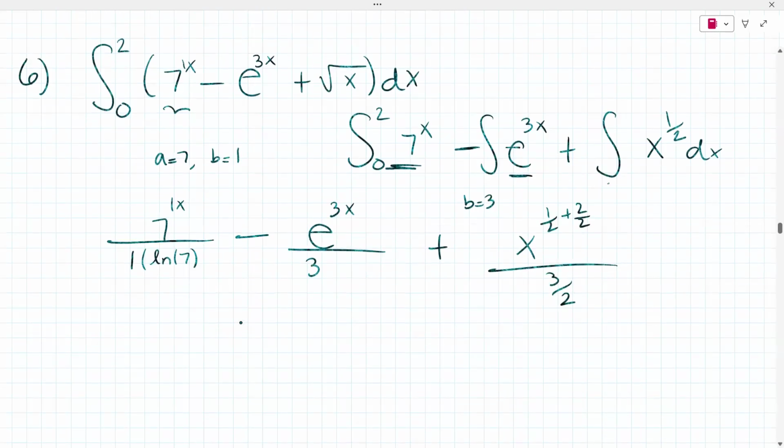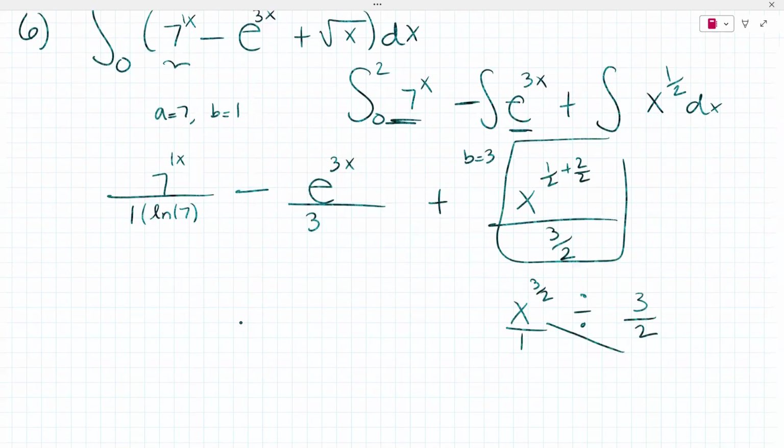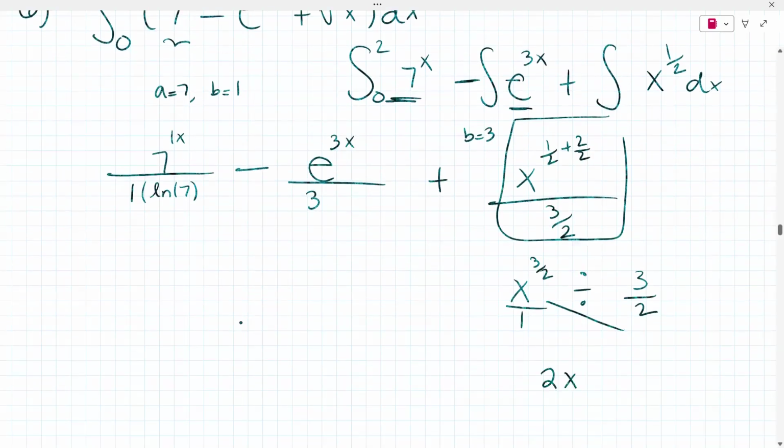So let's clean this up first. So this is going to be x to the 1/2 plus 2 over 2, which is 3/2, divided by 3 over 2. Cross multiply, so that's 2x to the 3/2 over 3.